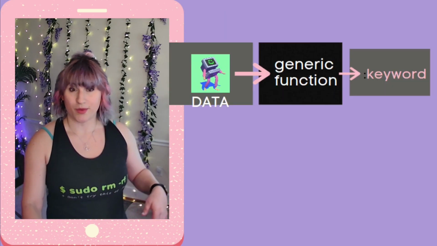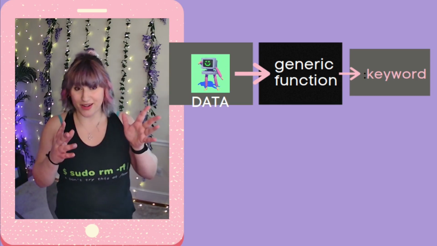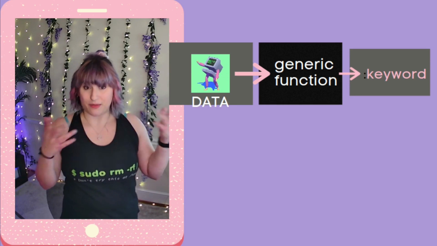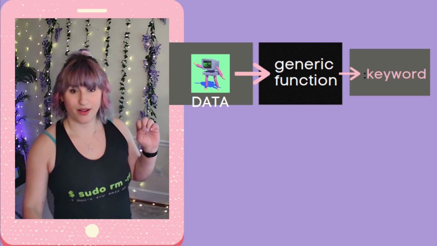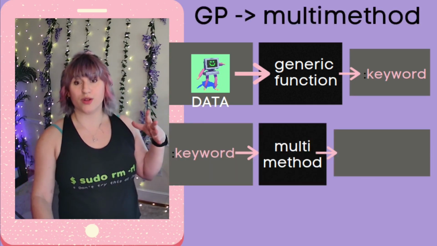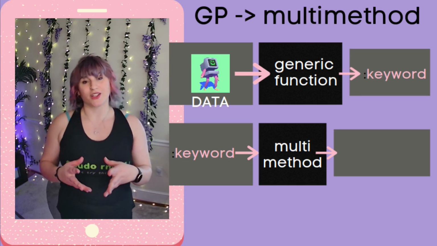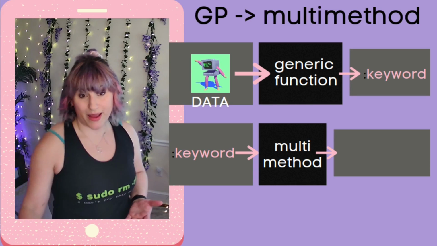So we've taken our data, we've passed it to a generic function, and that generic function, which is map current view, takes the data and just spits back a keyword. Now we're going to wire up the generic procedure as the dispatch function to the component multimethod to render a page view.